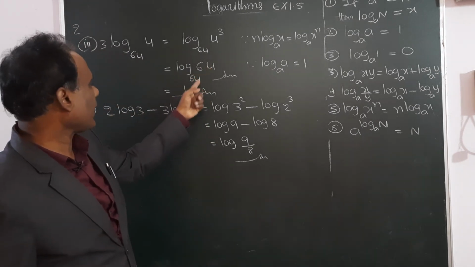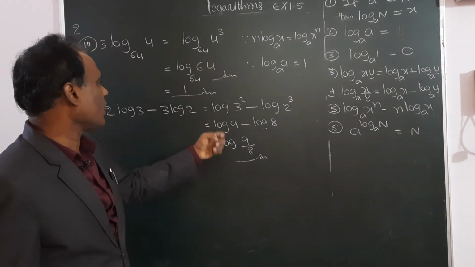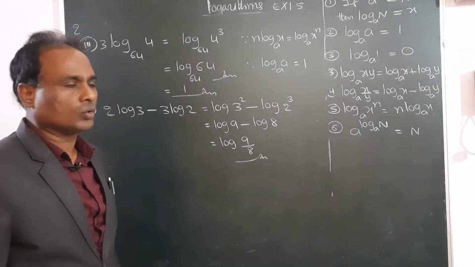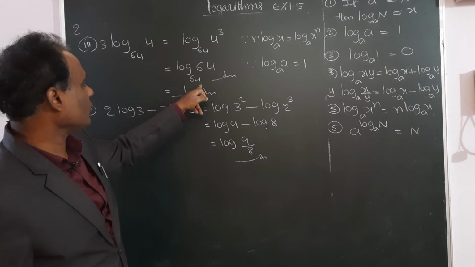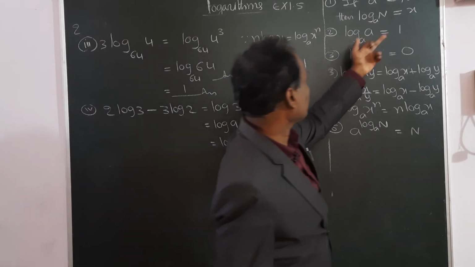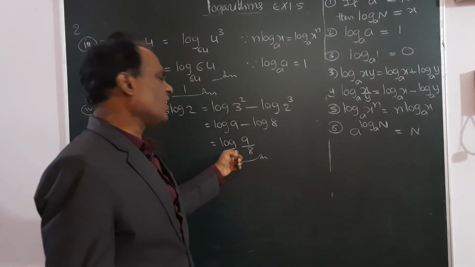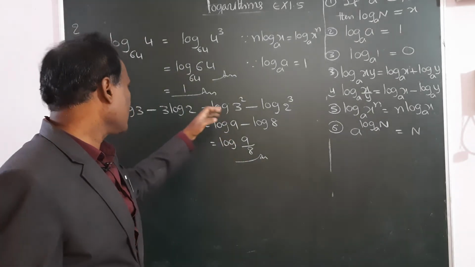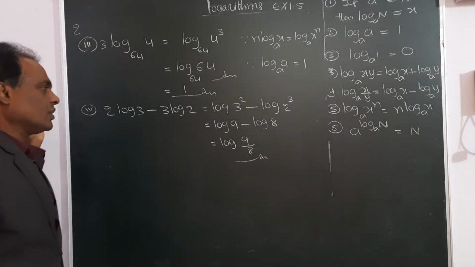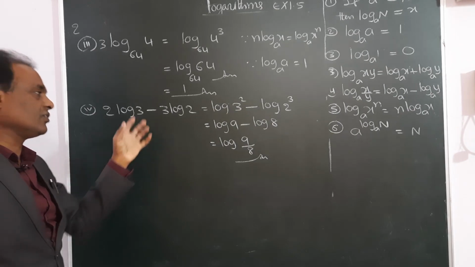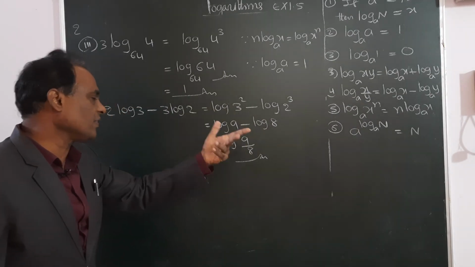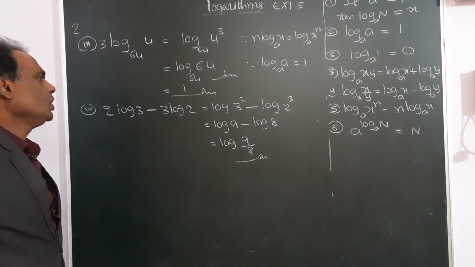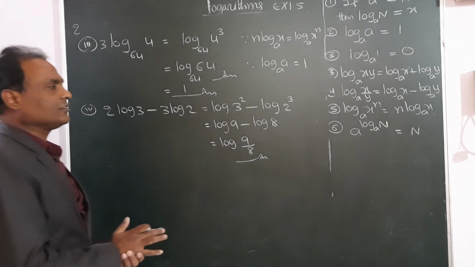If these two are the same, then we can write 1, or log 1. If it is only 1, log 1 is also known, 0. So if the base and the value are the same, we can apply this formula: log A to base A is 1. But here it is 9 by 8 and the base is not mentioned. And even if it is, as I told previously, if the base is not mentioned, we take the base as 10. Here if we take base 10 also, we can't simplify further. This is the answer. So let us stop here.